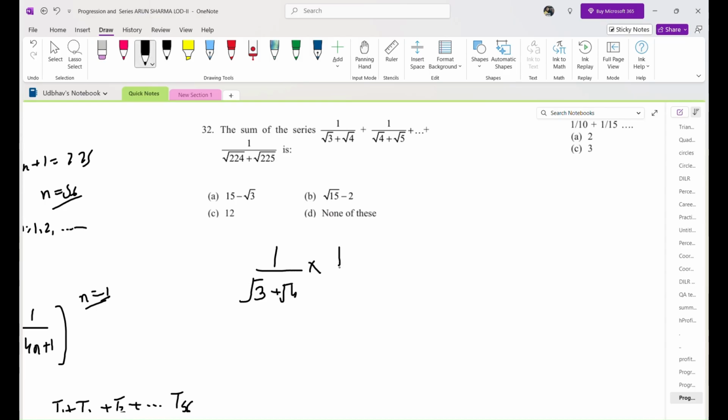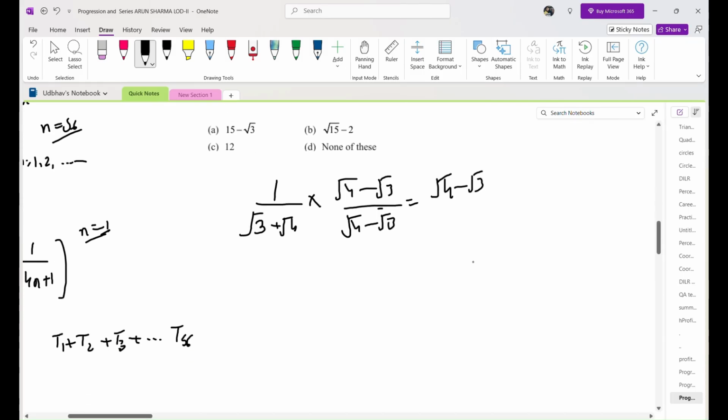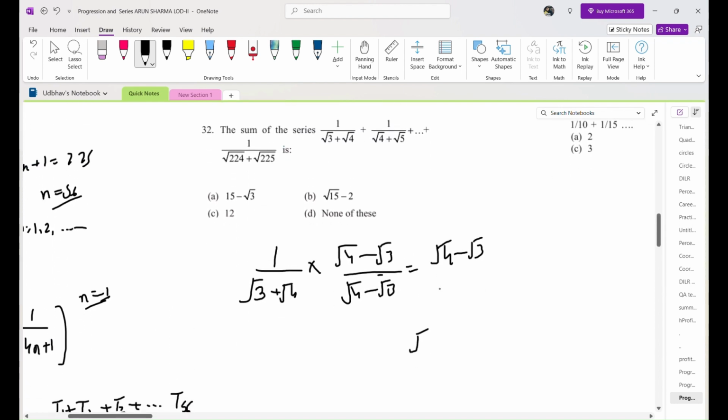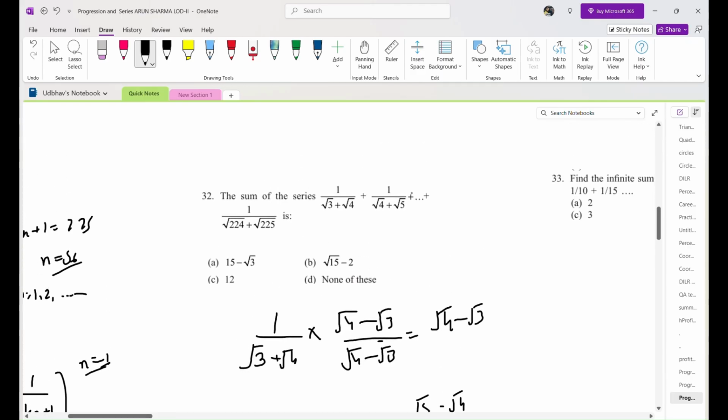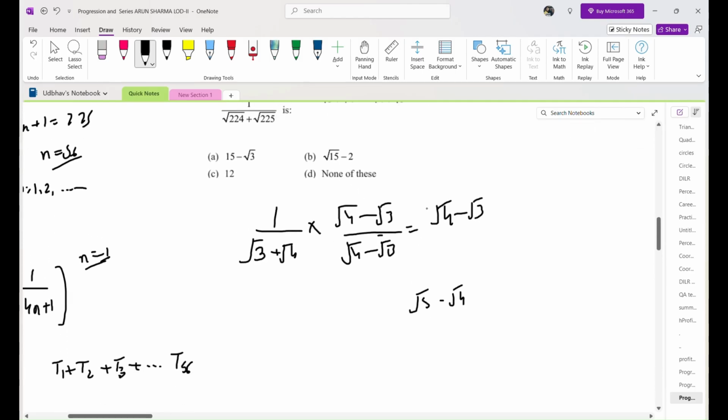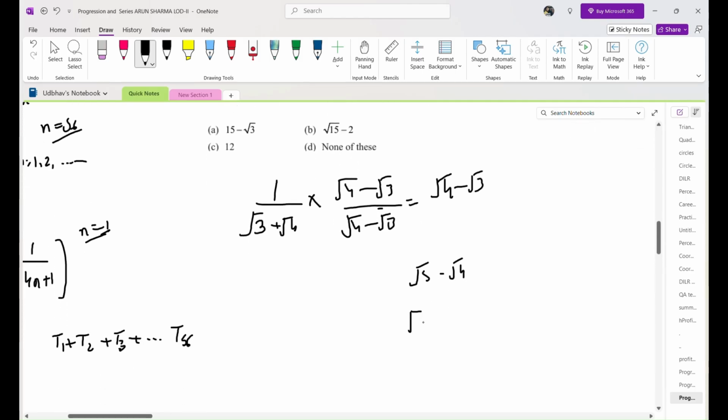We're just trying to rationalize the first term. So we got root 4 minus root 3, and if we do it to the second term we'll get root 5 minus root 4. If we do it to the next term, that will be root 6 minus root 5.